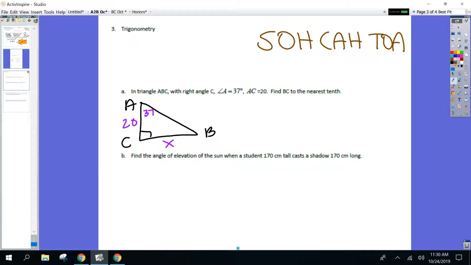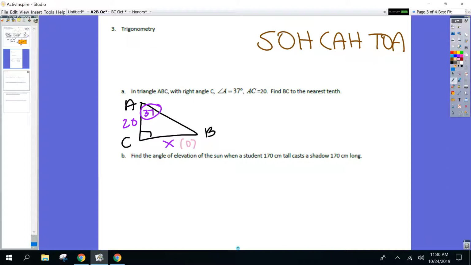So go from the 37 degrees. Here we go. Is side X opposite, hypotenuse, or adjacent to the 37? It's across, right? So it's opposite. I put a little O there for opposite. And how about the 20?